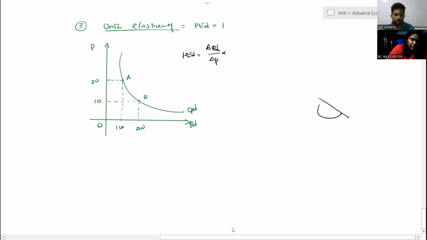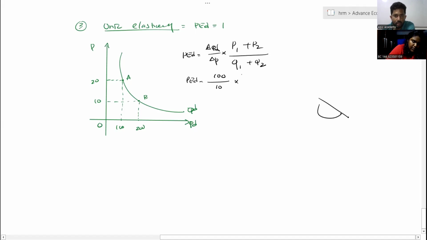Then you are going to arc elasticity, P1 plus P2, Q1 plus Q2. Delta QD means the difference between two points of quantity demanded, which is just 100. The difference between the two points of the prices is just 10.